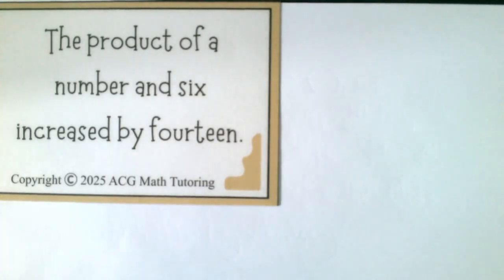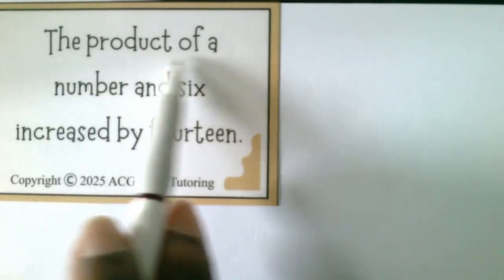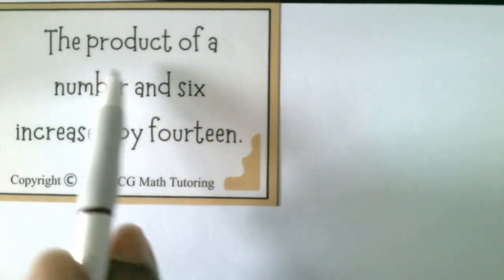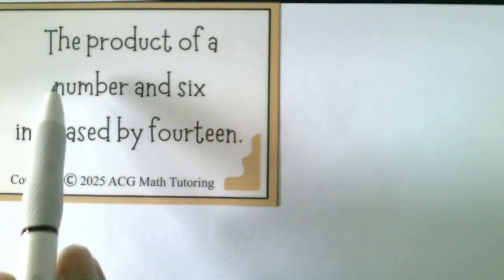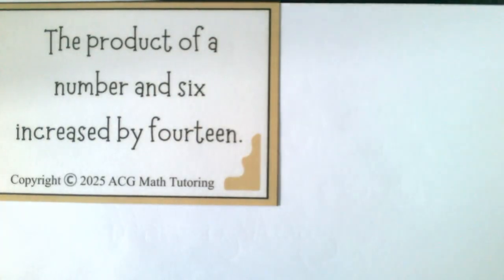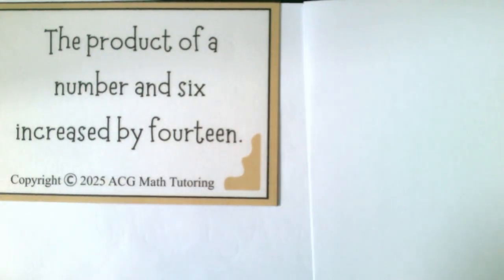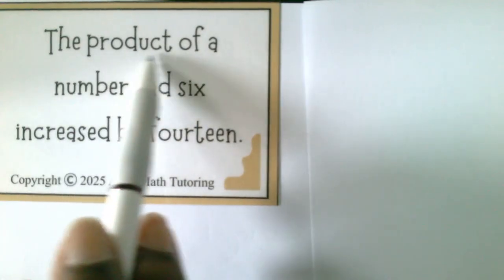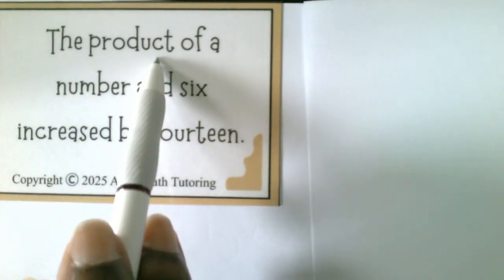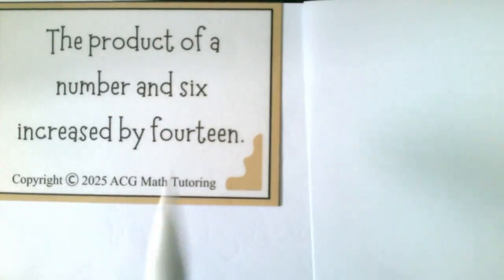Alright, so let's take a look. Words have certain operations. So we're talking the product of a number. Anytime they say the product of, the difference of, the sum of, you're dealing with two numbers. But product means multiplication. So we are multiplying two numbers.